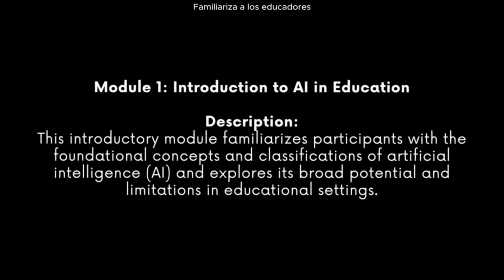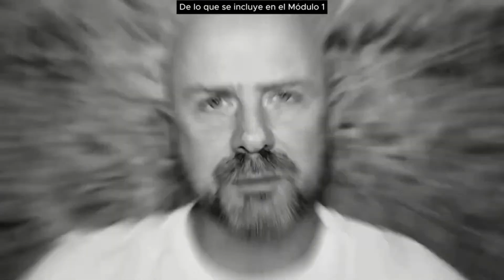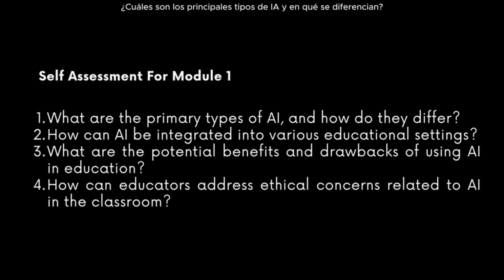Module 1 familiarizes educators with the foundational concepts and classifications of artificial intelligence and explores its broad potential and limitations in educational settings. Let's complete a quick self-assessment before we get into some of the content of what's included in Module 1. What are the primary types of AI and how do they differ?